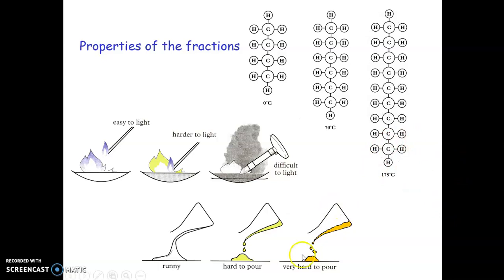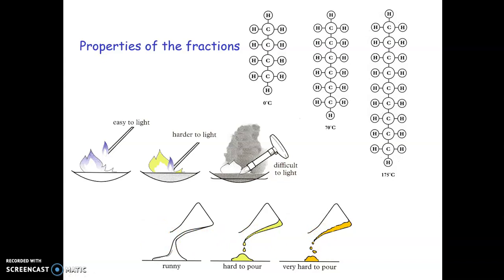Basically the pattern is, as the molecules get larger, so as you get more carbons and hydrogens in each molecule, as you go from methane to ethane to propane to butane and so on, they get harder to light. So the smaller molecules are easy to light, the larger alkane molecules are more difficult to light, and they get thicker. Now that would make sense, because in an alkane with large molecules, it is thick.